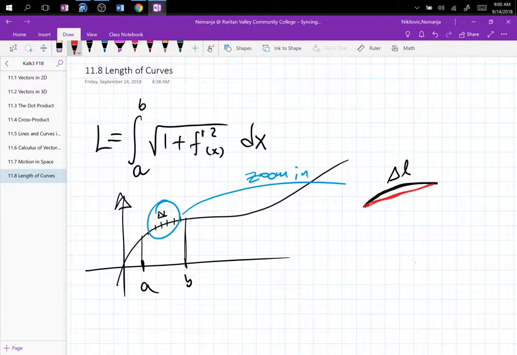And now that straight line has delta x in length and delta y in height. That's the change of length and change of height.